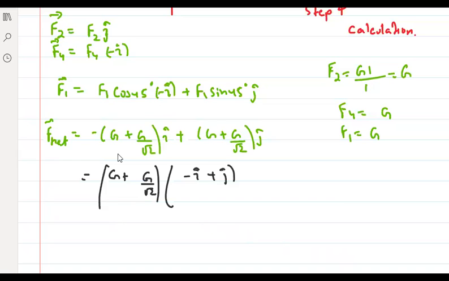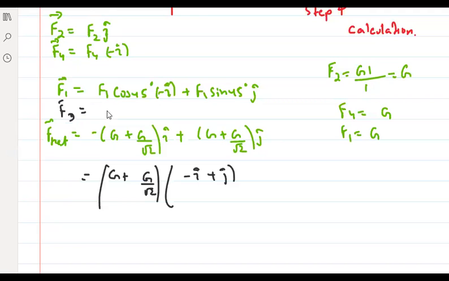See, last step, I just wrote the formula. F1 is G, na? We calculated F1G, right? Okay, I'll just write one more step. I've skipped one step, so I'll write that step also.